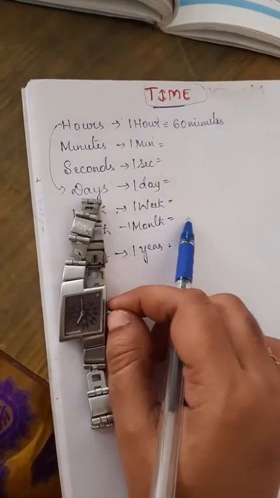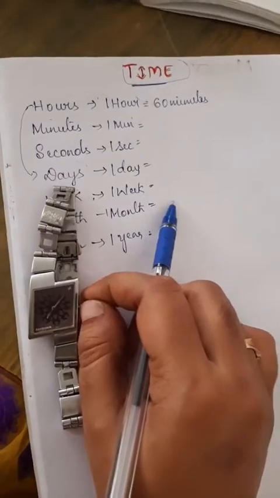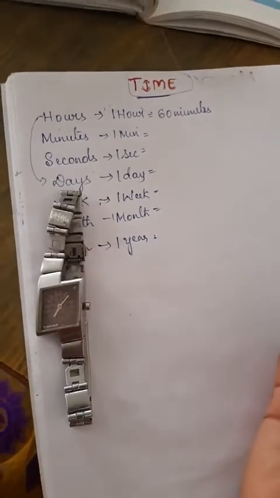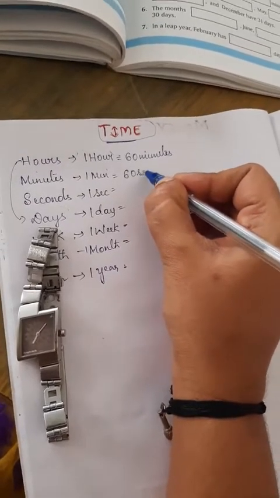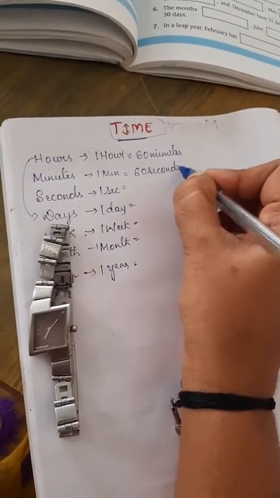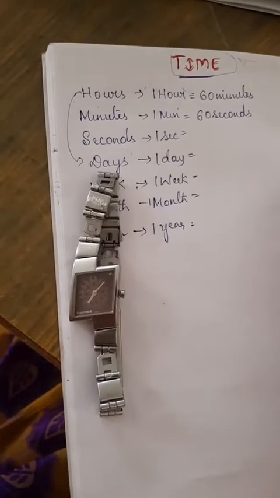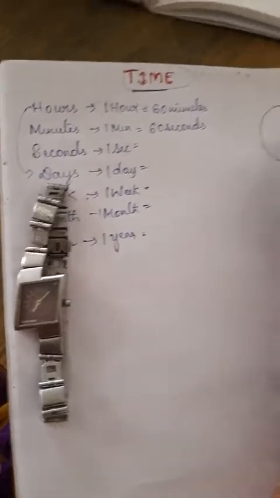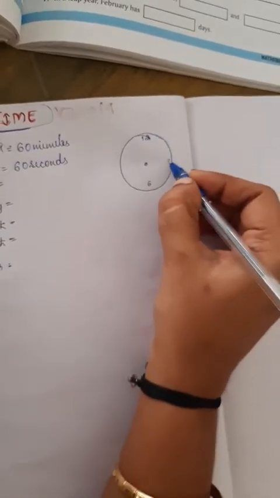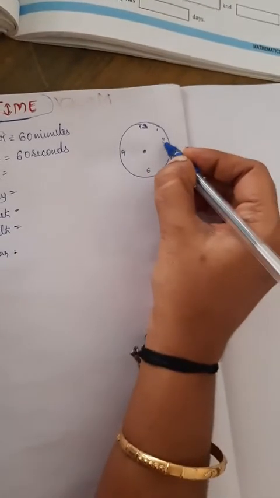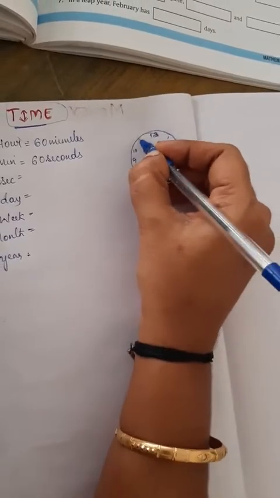So when we say it is 1 minute, see 1, 2, 3, 4, 5. When we say 1 minute, we know 1 minute means 60 seconds. I think you have all seen the clock, right? If this is a clock, just assume this is 12, 6, 3, 9, then 1, 2, 4, 5, 7, 8, 10, 11.